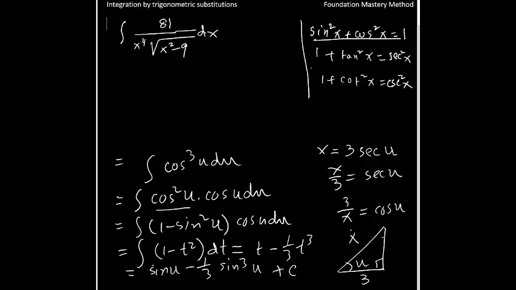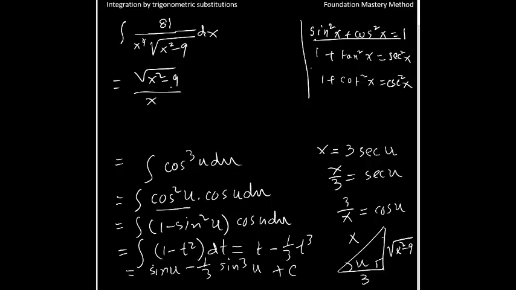We know adjacent over hypotenuse. If this is x, this is 3, then using Pythagorean you can easily say that the other side is square root of x squared minus 9. So then we can say sine u will be, from this right triangle, square root of x squared minus 9 over x.